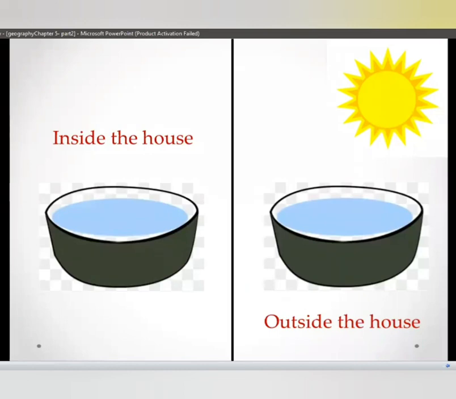Also, when you will feel the temperature of the water inside the house and outside the house, you will observe that the water under the sun is warm, whereas the water inside the house is cold. Now, perform this same activity outside the house and get the feel of temperature.